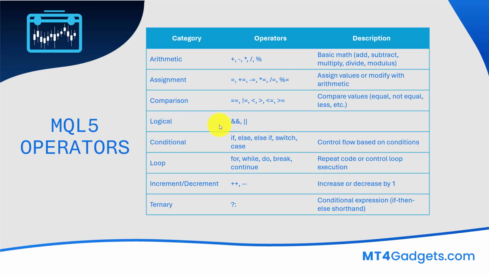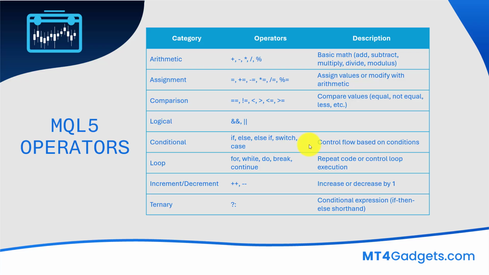Logical operators are used when you need to perform some evaluation between Boolean expressions, and they include the double ampersand and the double bar. Very often used in conjunction with conditional operators, which come right after. Conditional operators include if, else, else if, switch, case, and they control the flow based on conditions.